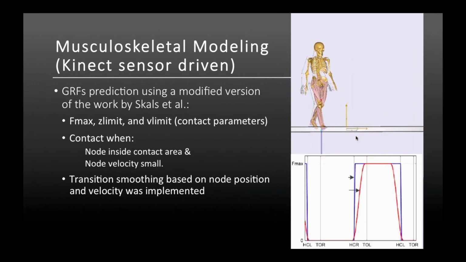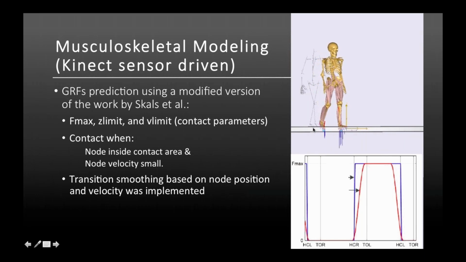As part of the prediction process, we define things called contact parameters. For example, if you look closely, the foot gets into this gray zone, which defines the force plate or the ground, if you will. There are some parameters, some inputs you need to set up, for example the Z limit, the maximum force threshold.